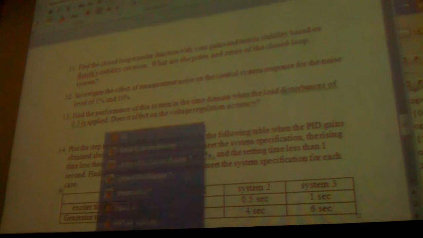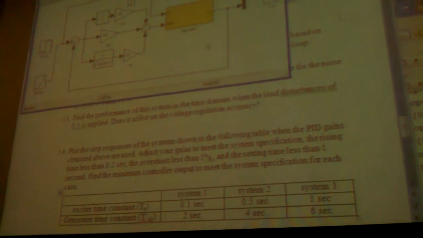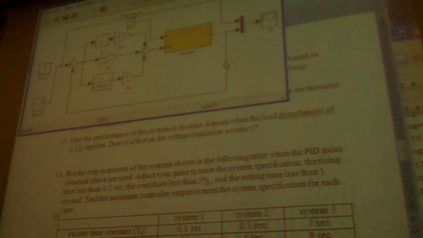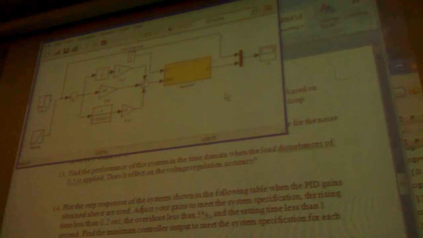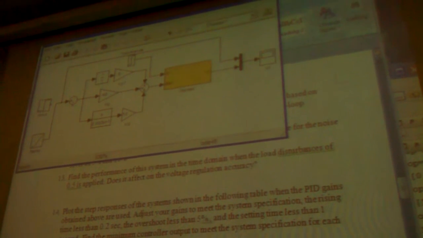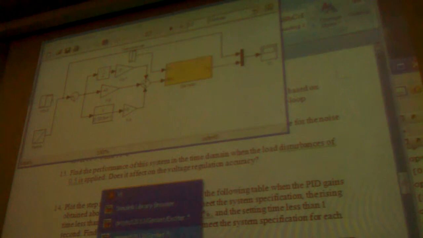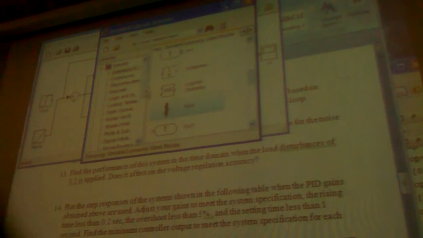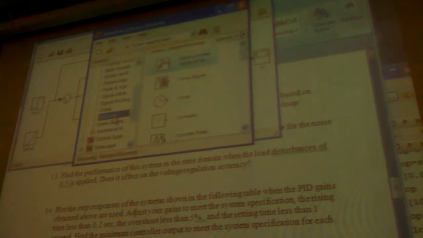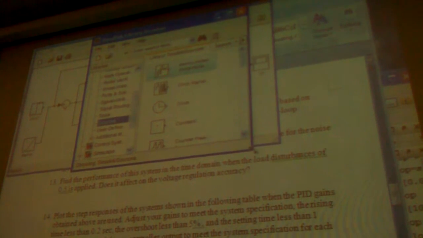So I'm going to add noise on this side, the feedback system. Let's add noise here. Similarly, there is a source there, a uniform random variable, a random number. So add it here.